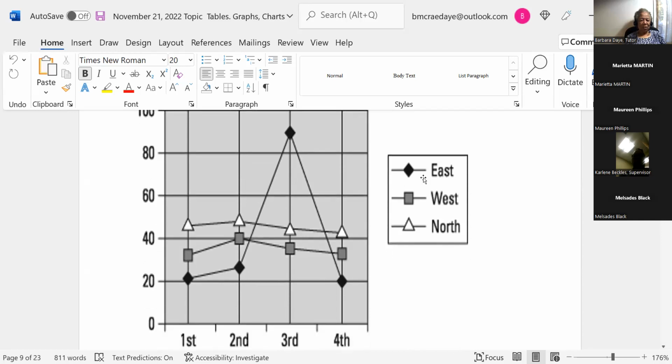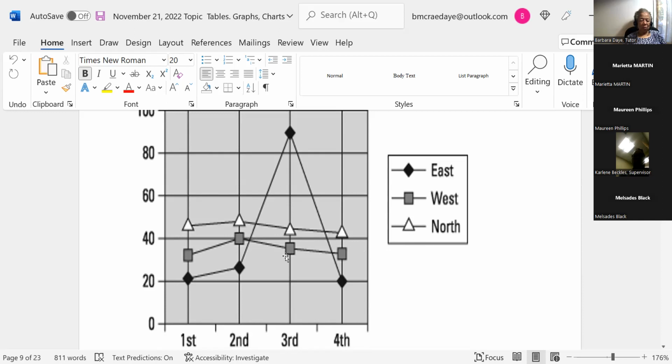Well, this is the label. This is called a legend. It's showing you that the diamond shape represents east. The square shape represents west, and the triangle represents north.